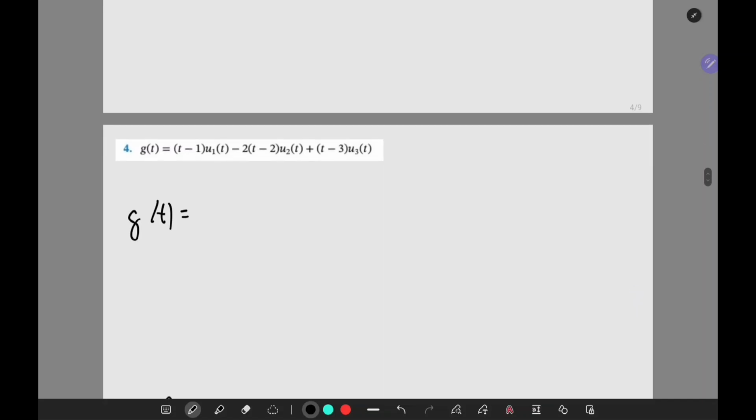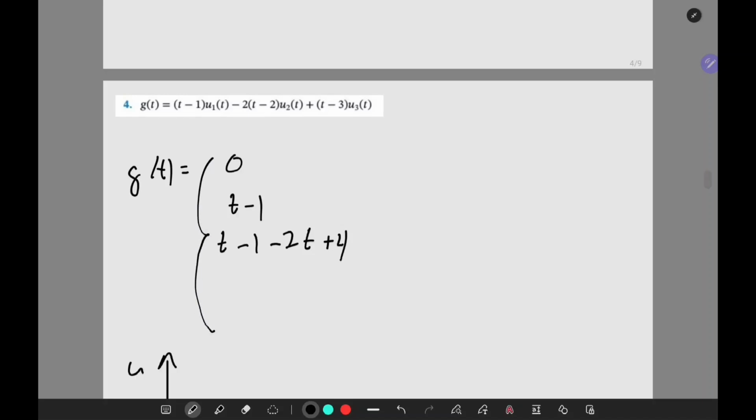Number 4. Okay, a little bit longer. Once again, we start with 0, right? And then we're going up by t minus 1. And then from there we go down, so you just add on what's next. So we start with this one, and then we add on the next one. So minus 2t plus 4.